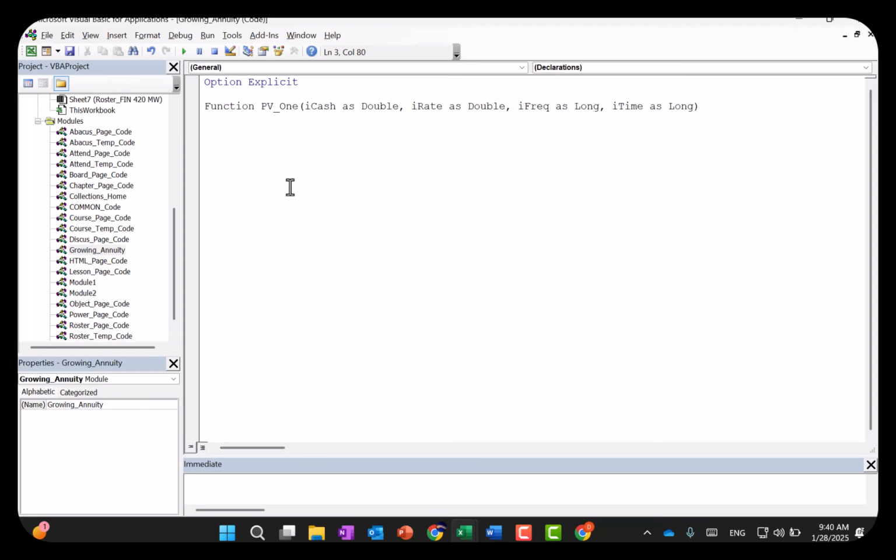Technically, I can allow for non-integer time, but I'm not going to. Actually, I'm going to make iTime as double. We're going to feed APR as interest rates.